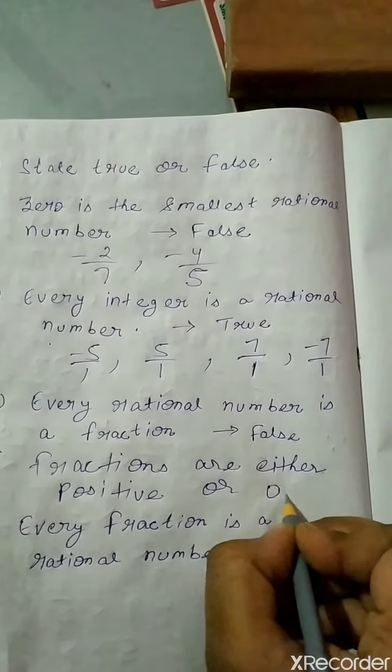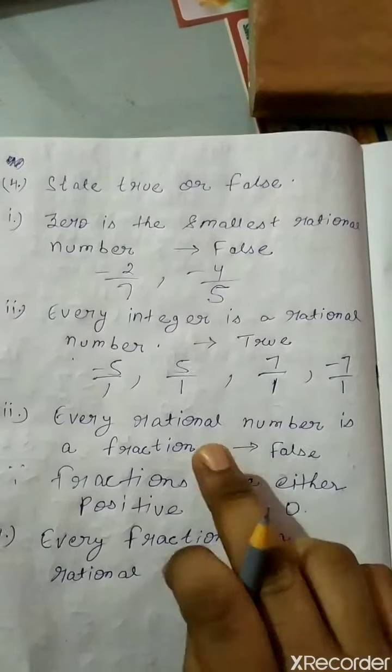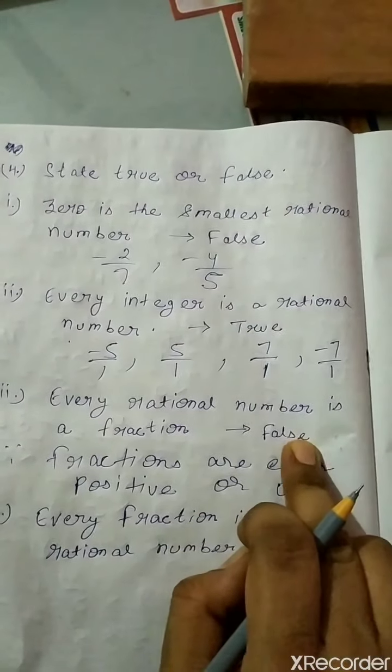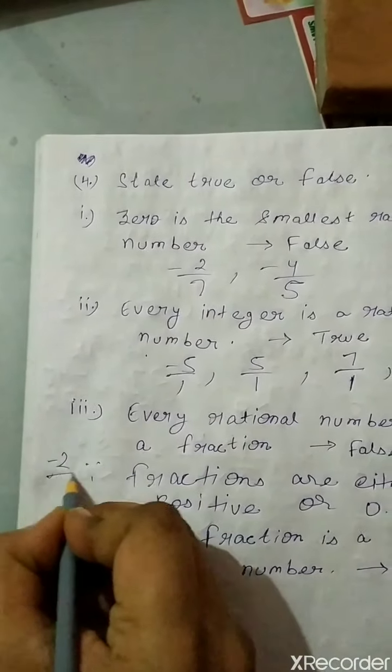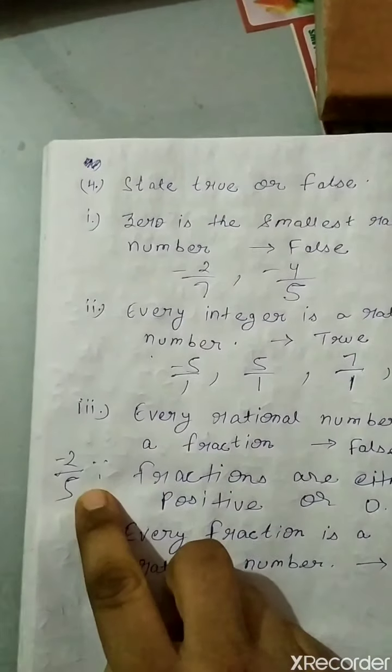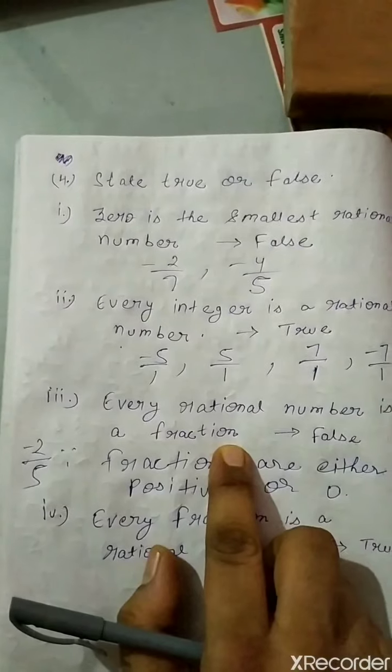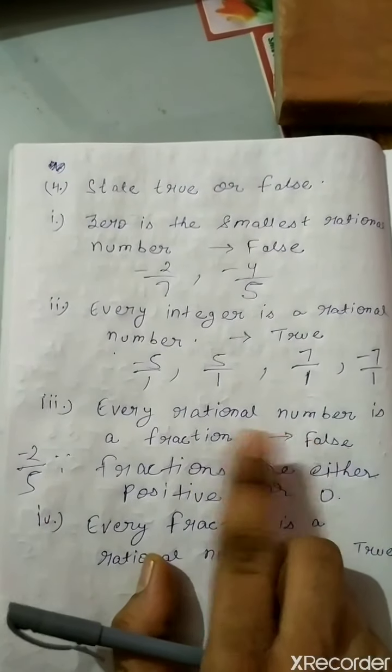They cannot be negative. So every rational number is a fraction is false, because if we write this negative rational number, minus 2 by 5, this is a rational number but this is not a fraction. So every rational number is not a fraction.